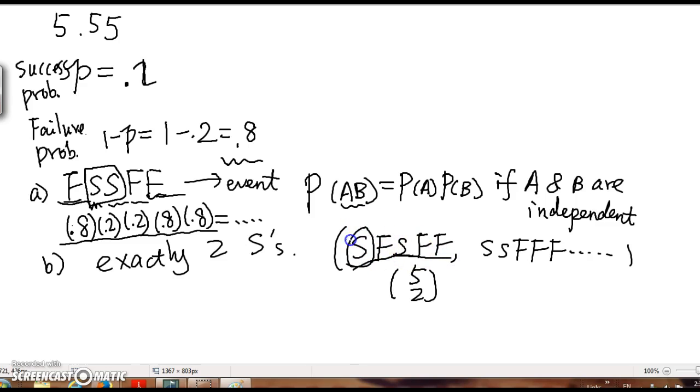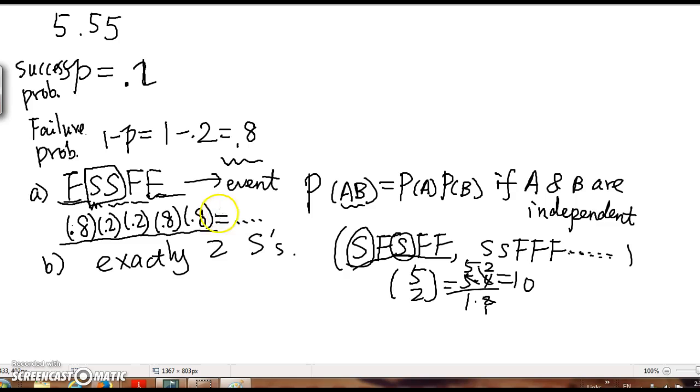Suppose 2 of them will answer yes out of these 5 people. How many different ways? If you make a list, you're going to have 5 choose 2, which is 10 different ways.